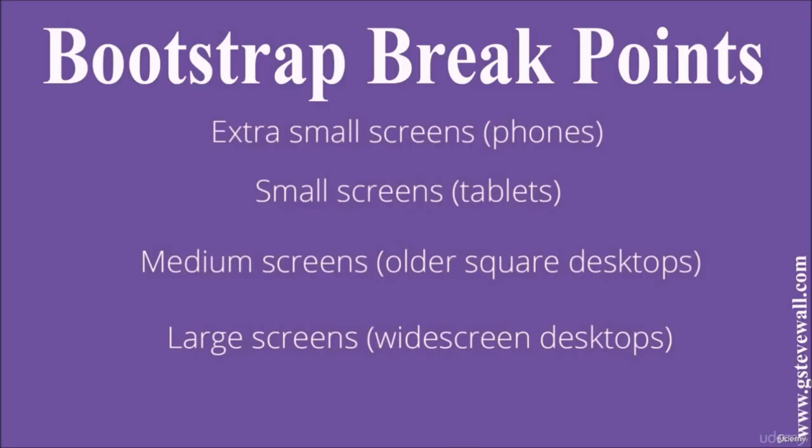We have medium screens, guys, older square desktops, anything between 992 pixels and 1200 pixels, which are iPads or older tablets in landscape mode or old square monitors. These are considered as medium screens.